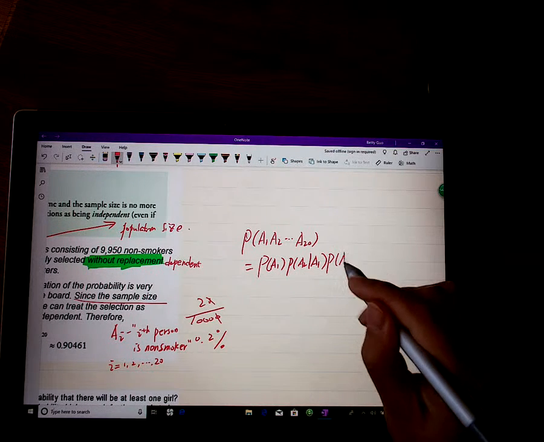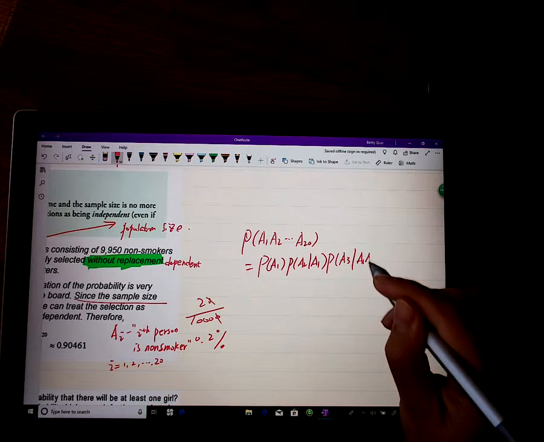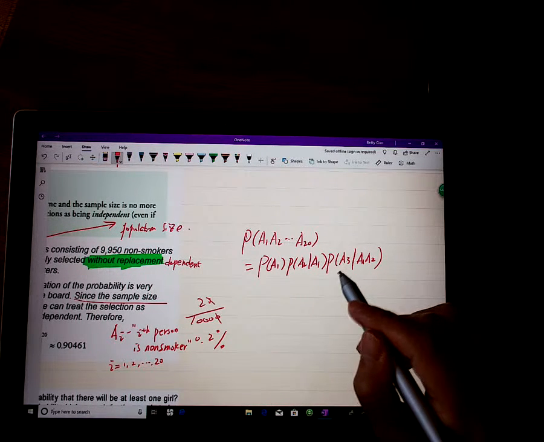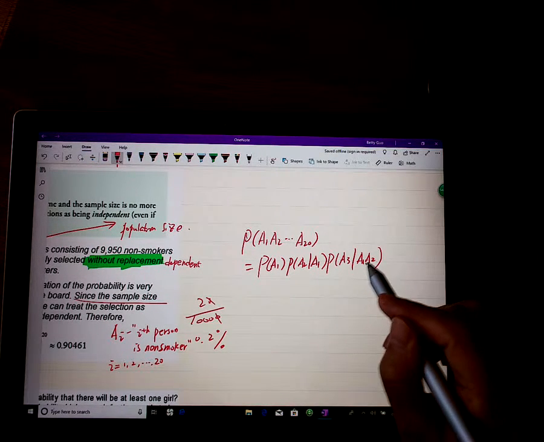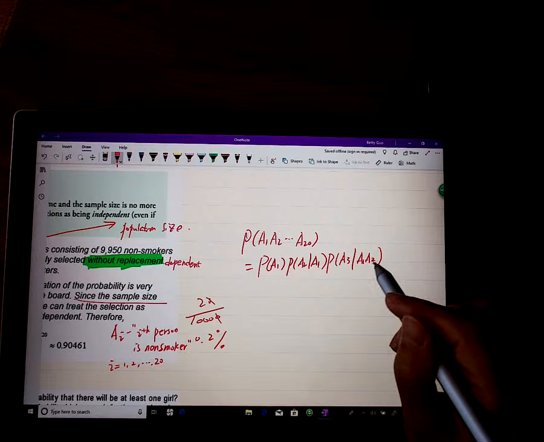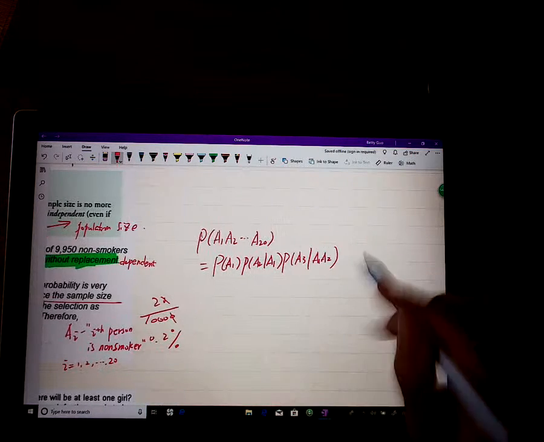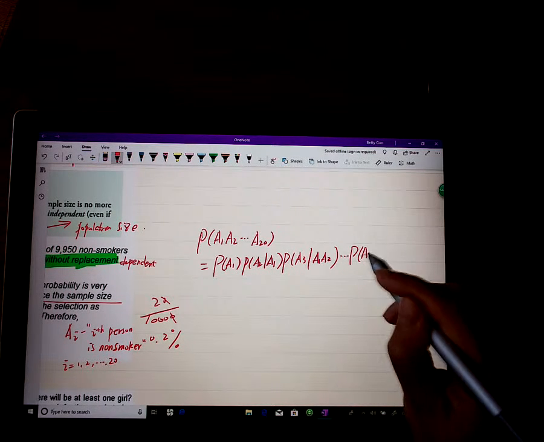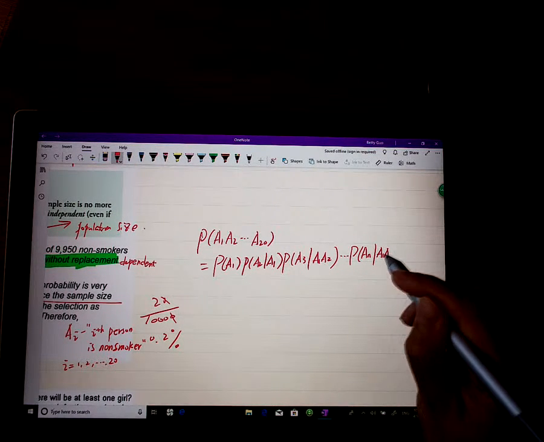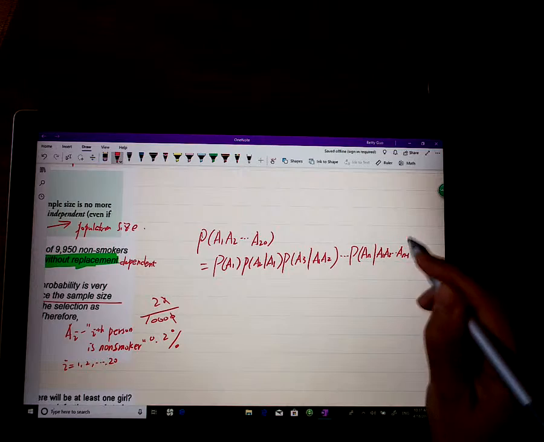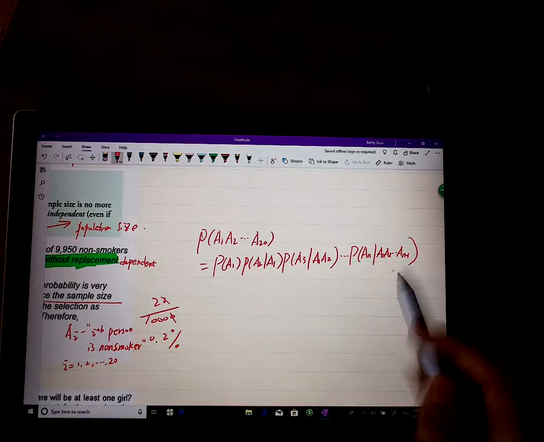And P of A3 given A1 and A2. When you interview the third person, the first and the second person have already been taken away, right? And so on and so on, up to P of A sub n given A1, A2, and so on up to A sub n minus 1. You see how complicated that is.